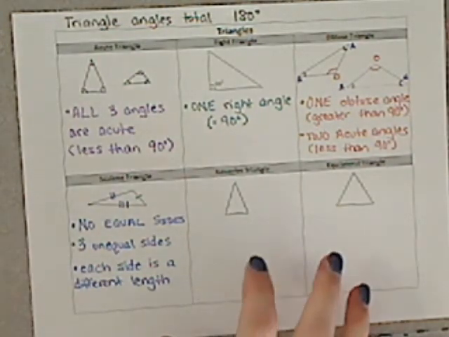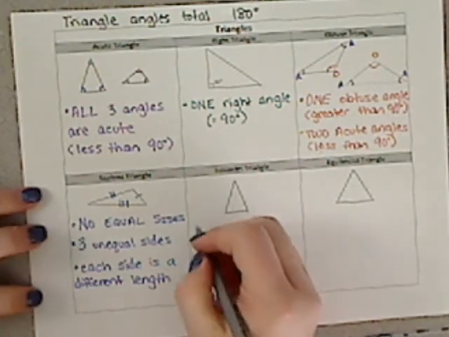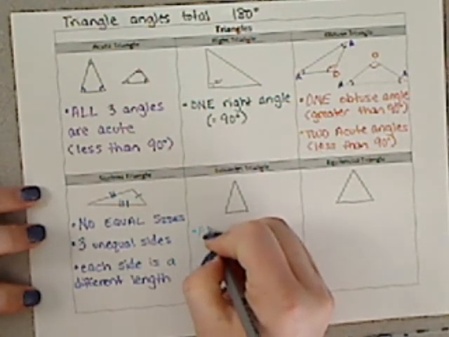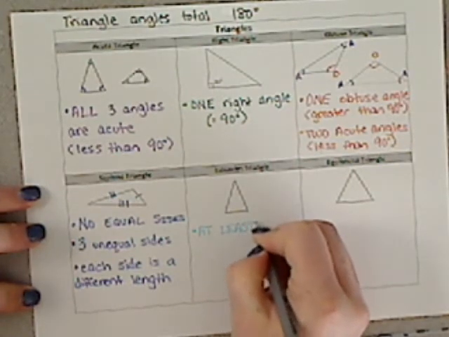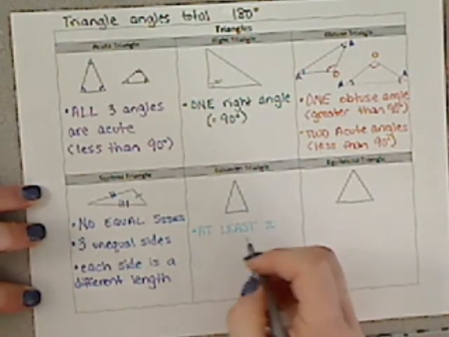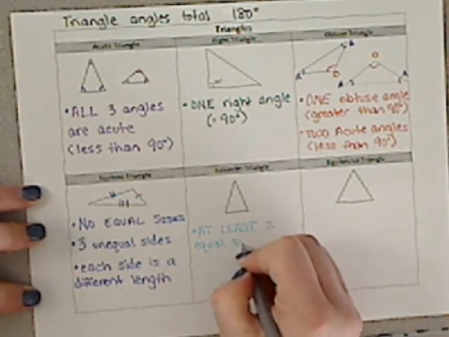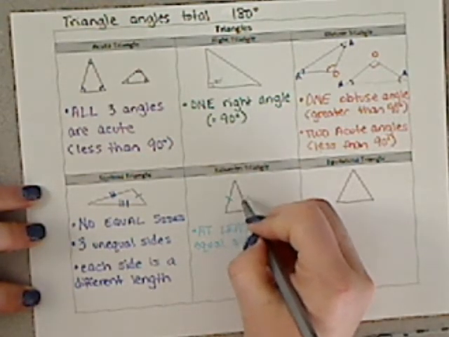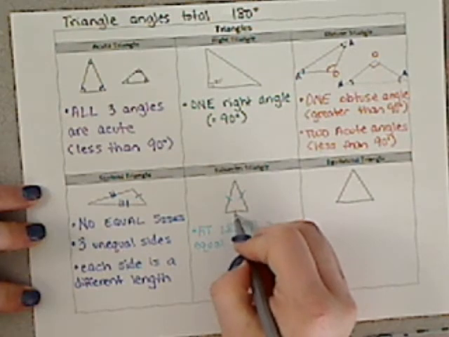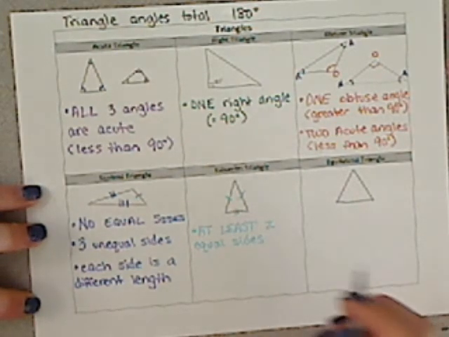Now let's look at an isosceles triangle. An isosceles triangle has at least 2 equal sides. Okay, so in this case, those 2 sides are equal, but the bottom edge is not.